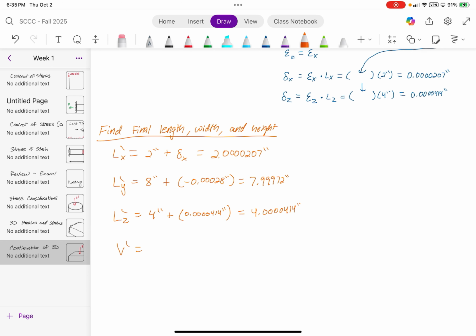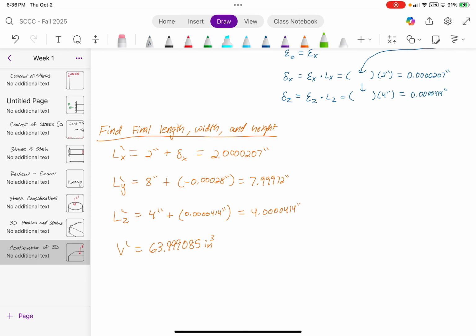Do that really quickly, and tell me what you end up getting for that volume. 999,085. I'm just going to end it at 0.0. What are the units of volume? Inches cubed.